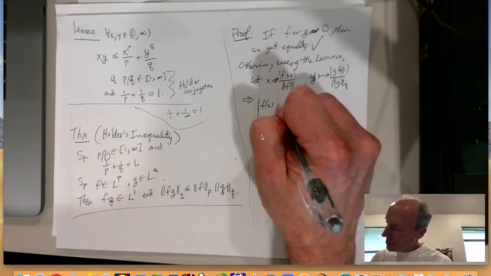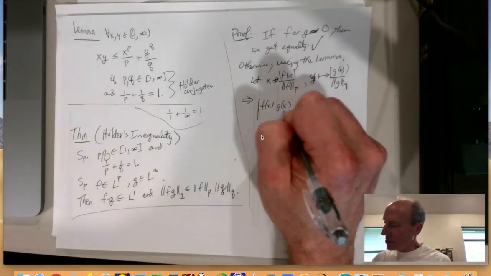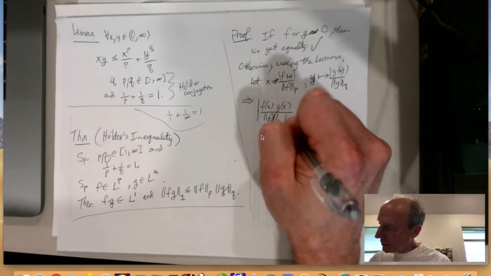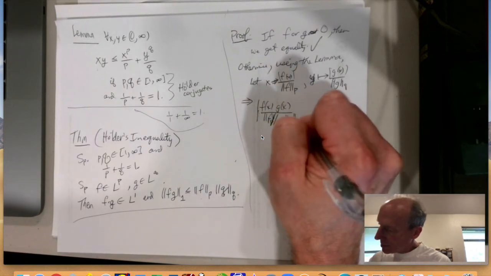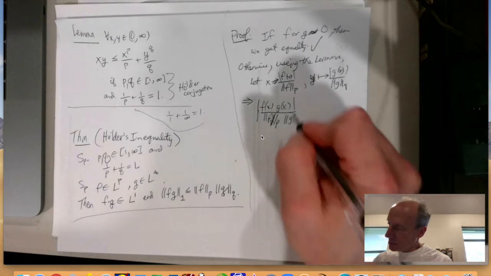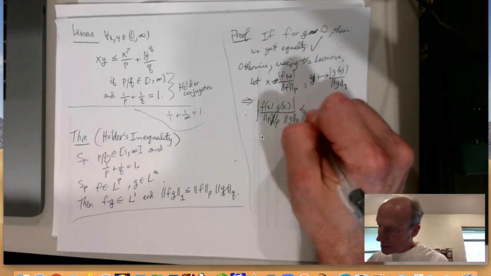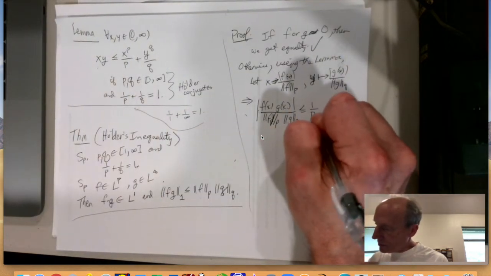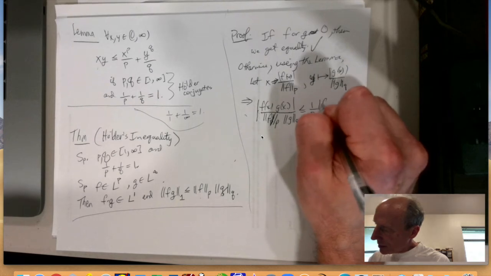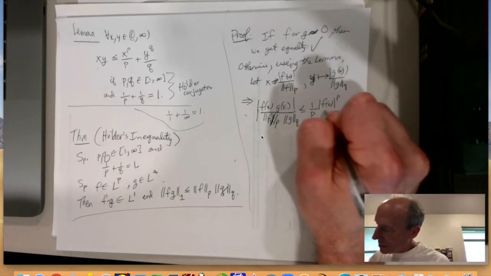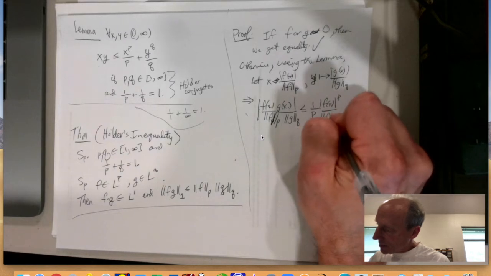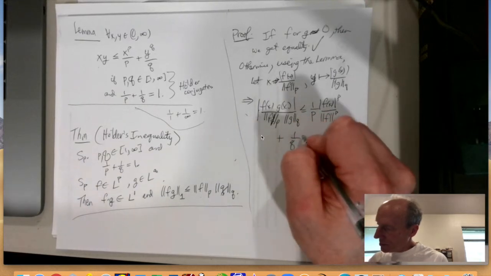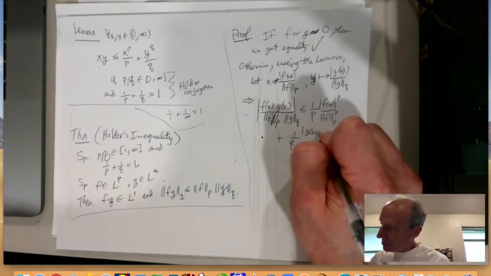Then we have absolute value of f(x) g(x), divided by the p norm of f times the q norm of g. And I guess I could put absolute values around the whole thing. And it's less than or equal to, so that's this part, 1/p times absolute value of f(x) to the p divided by the p norm to the p, plus 1/q times the same thing with the g and q.